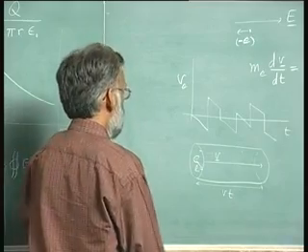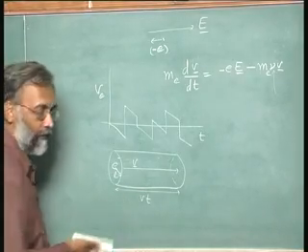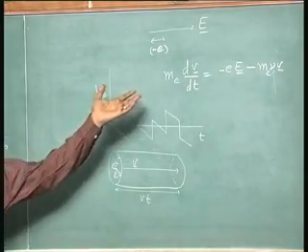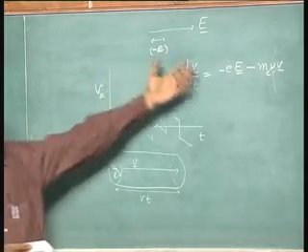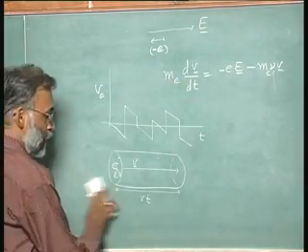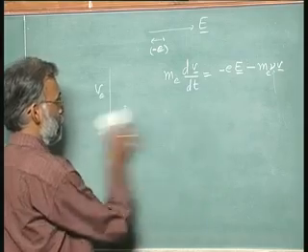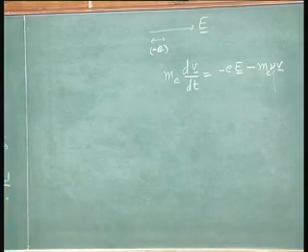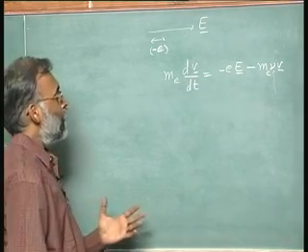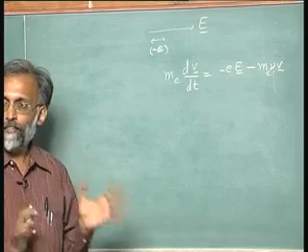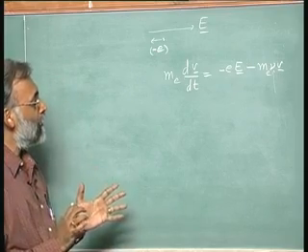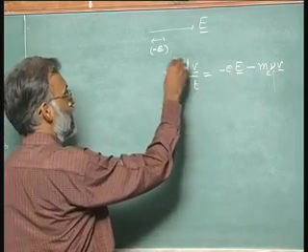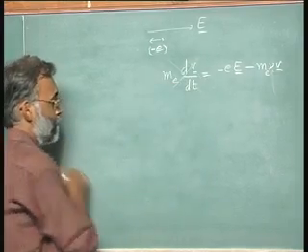Now, if you take this and you believe it, and I can tell you that it is an approximation. There are plenty of situations where it is not true, but it is more or less true inside metals and semiconductors. Now, if you take this and you say, I will wait for steady state, then this piece goes away.